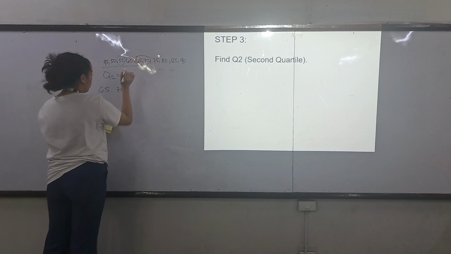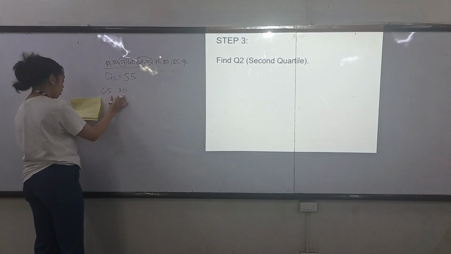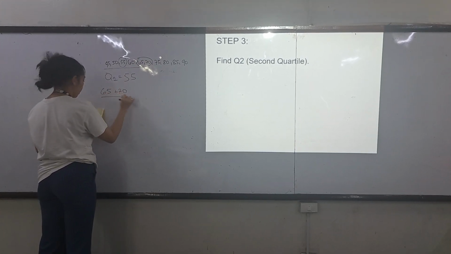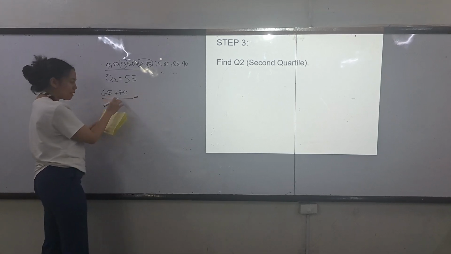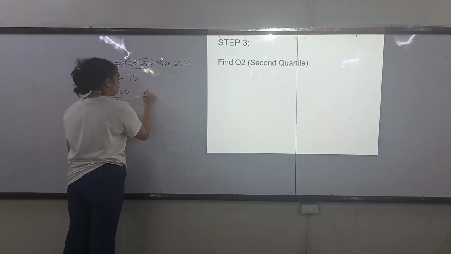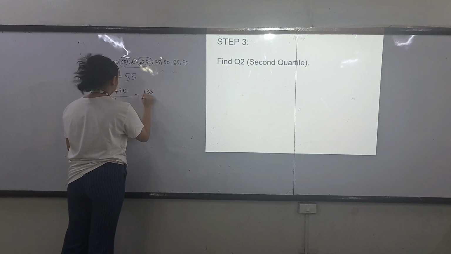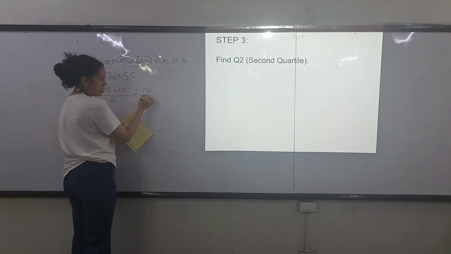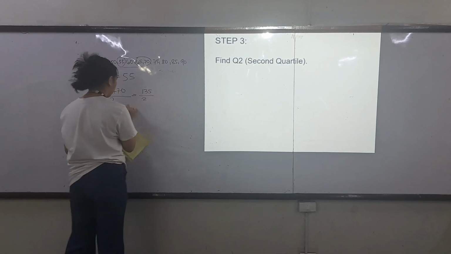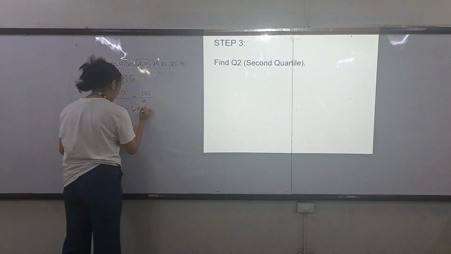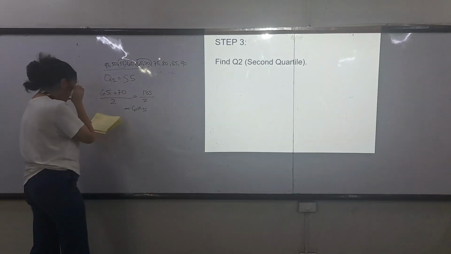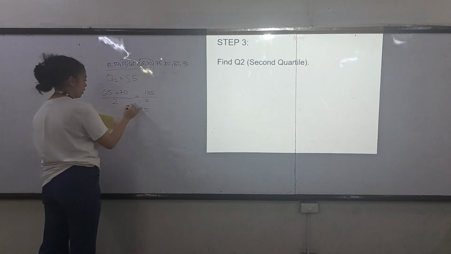All we need to do is add these up and divide by 2. So 65 plus 70 is equal to 135 over 2. Let's divide this, so it's equal to 67.5. So this would be our median.